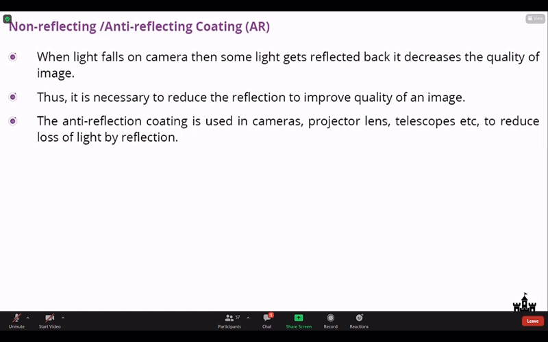So to reduce the reflection and improve the quality of the image, many times on camera lenses, projector lenses, and telescopes, they do an anti-reflection coating to absorb the light inside the device. So you can create an anti-reflecting, non-reflecting coating.